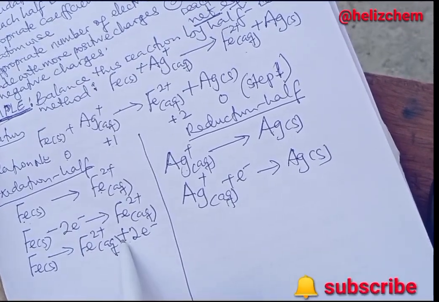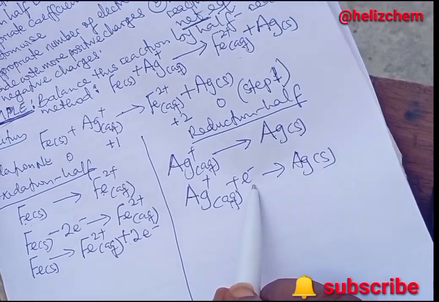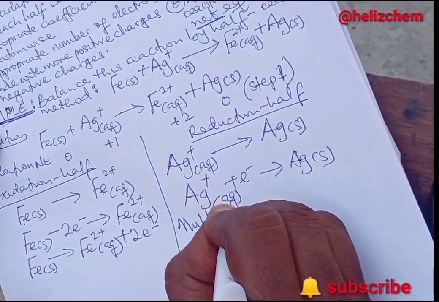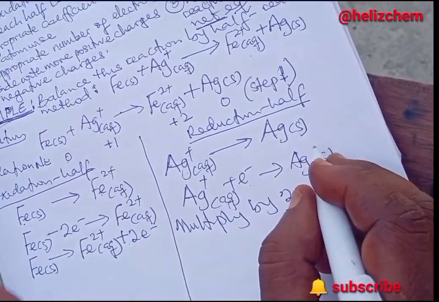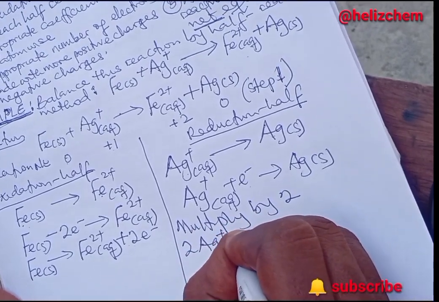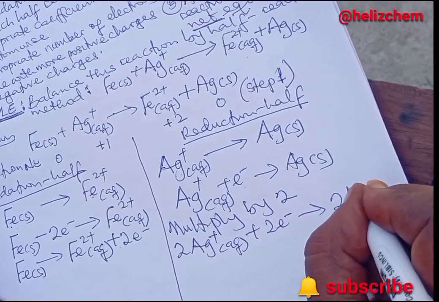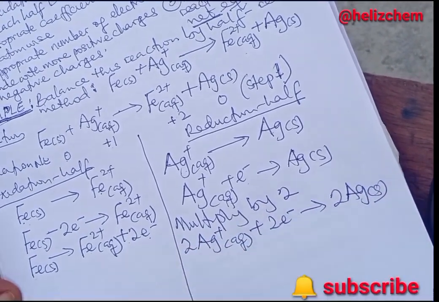The same number of electrons that are lost here must be gained in reduction. So you have to multiply by 2. When you multiply by 2 here, we have 2Ag+ aqueous plus 2e- to give 2Ag solid. So this one still remain like this.